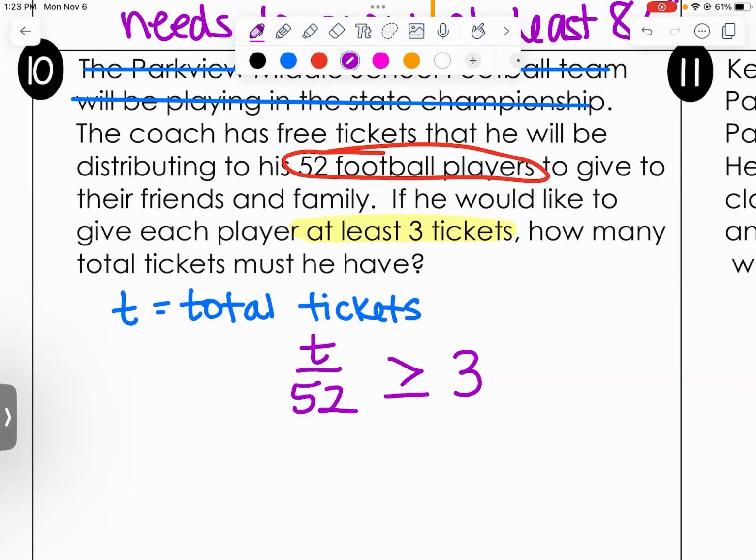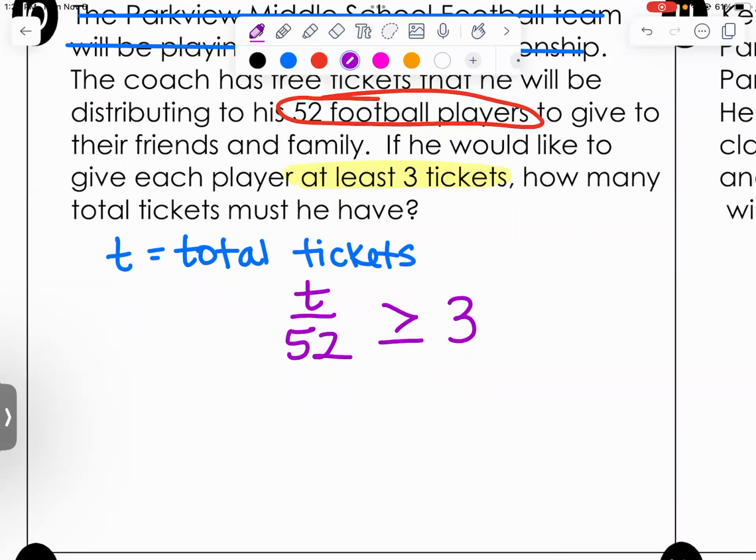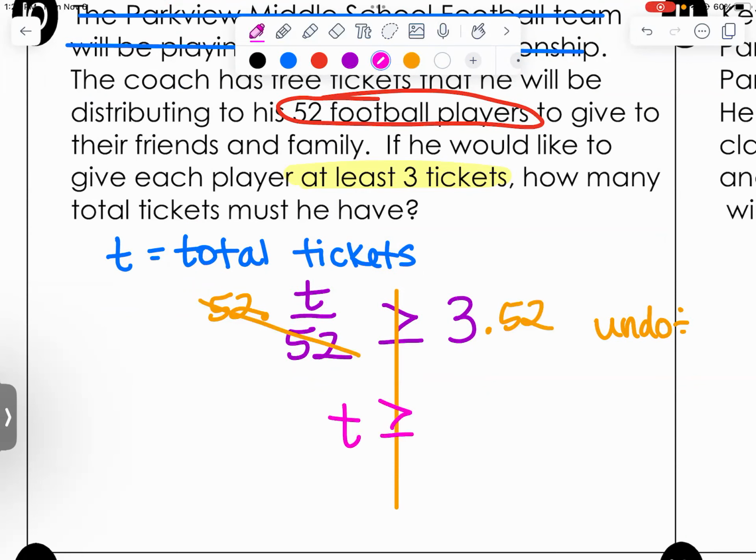Okay, now, Aiden, to solve this problem, what do we need to do to get T by itself? Okay, we need to undo our division by multiplying by 52. So we get T is greater than or equal to, help me out, Alexander, with the calculator, 156.